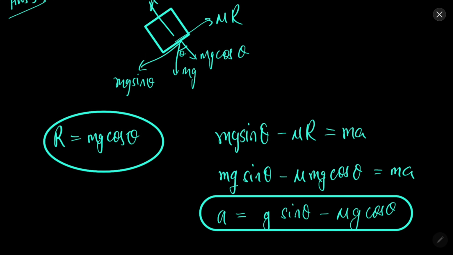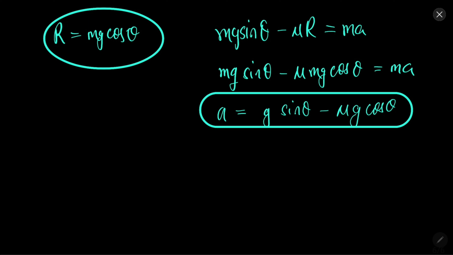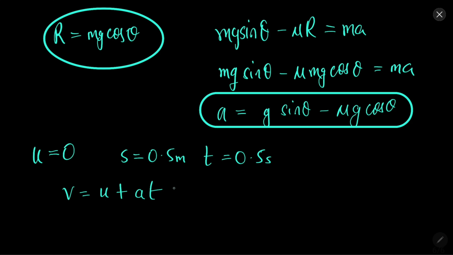So this will be the acceleration. Now we know initial velocity is 0, displacement is 0.5 in time 0.5 second. So v equal to u plus at, which is 0 plus 0.5 into 4, because acceleration is 4, this will give us 2 meter per second.